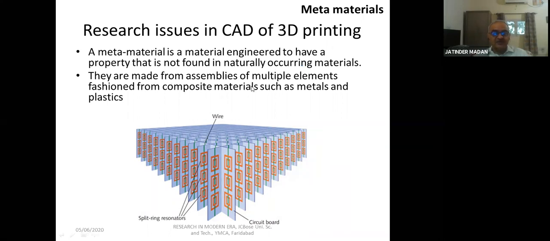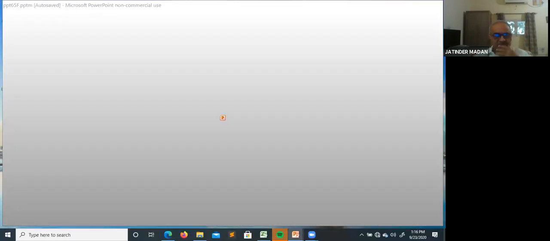They are made from assemblies of multiple elements, fashioned from composite materials such as metals and plastics. So this is about the techniques or technologies that we go on, but these are basically the research issues, because these CAD models, I think.